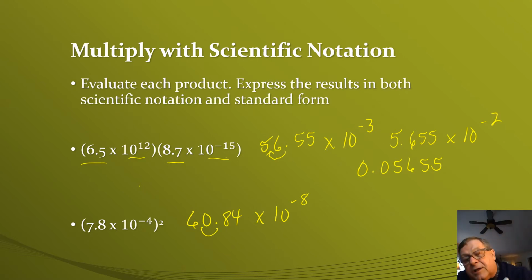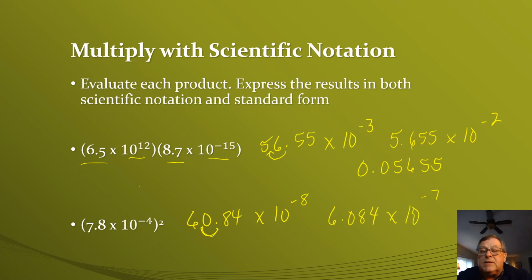So let's initially write this then as 6.084 times, and I moved it to the left, so it's going to take one away, times 10 to the negative 7th power. Since I moved this from here to here, that's plus 1. All right, so plus 1 minus 8 gives me negative 7, 10 to the negative 7th power.